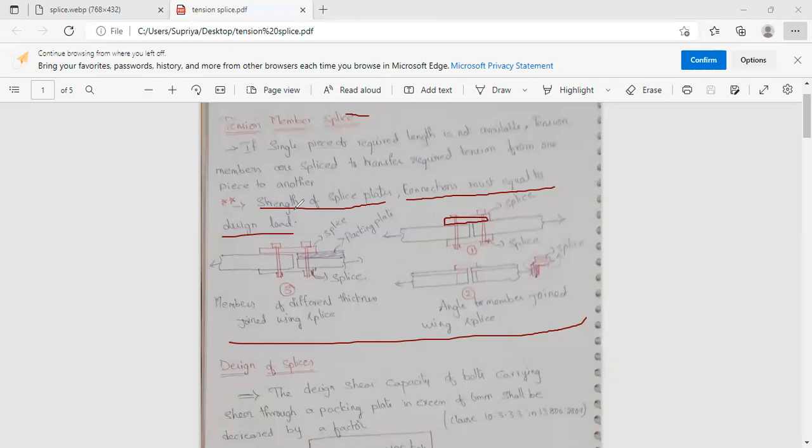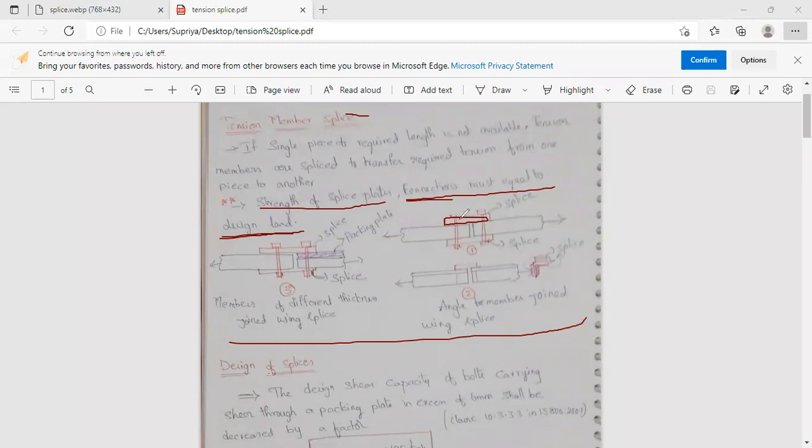So while designing the tension splice, the strength we have to provide for the splice plates and connections must be equal to the design load. Based on the design load, we have to decide the thickness of the splice, and we have to design the connections. If it is a welded connection, based on the design load, we have to decide the length of the connection.